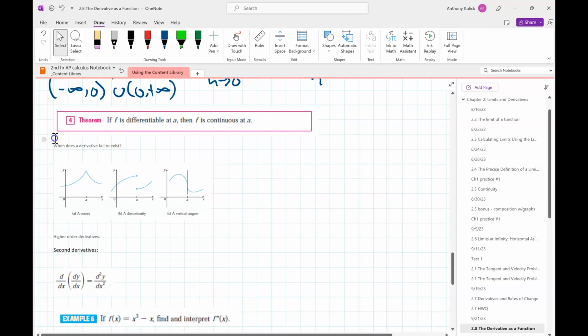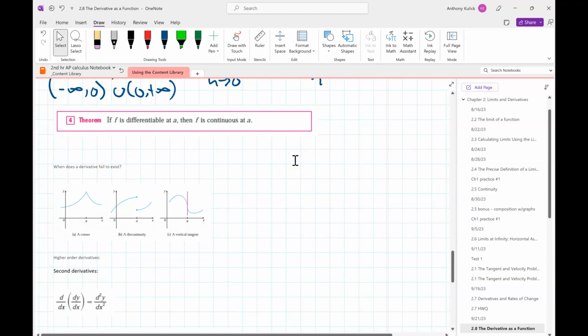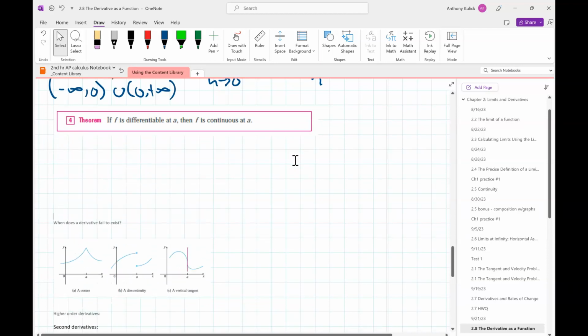So, here is our most important theorem from this section. If f is differentiable at a, then f is continuous at a. Differentiability implies continuity. The converse is not true.